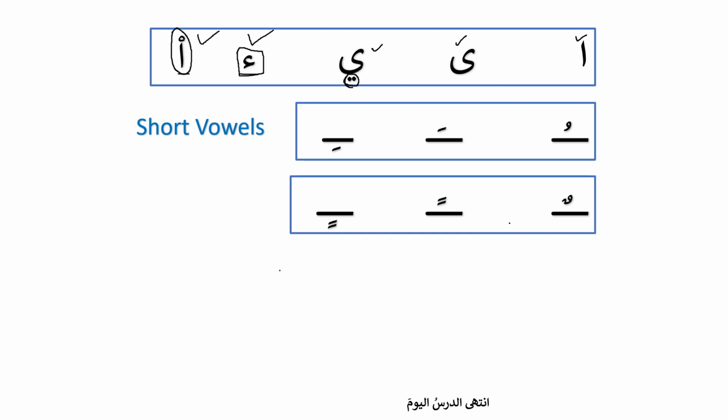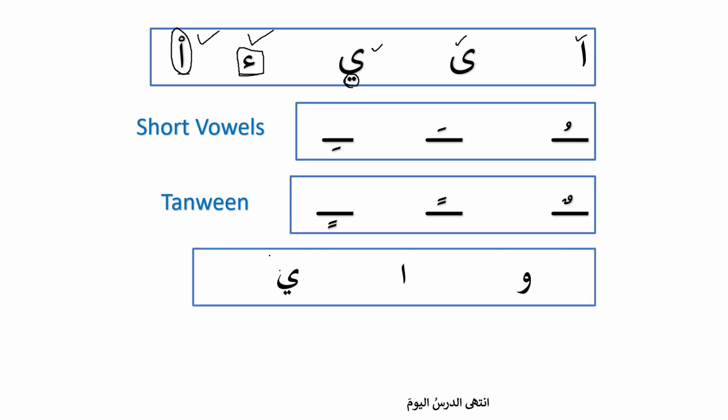Okay, dammatan, fathatan and kasratan. And what's the name? The name is tanween. Nunation or tanween. Excellent. What about these? Alif and ya. Long vowels. Excellent. Perfect. So these are long vowels, as we can see over here.